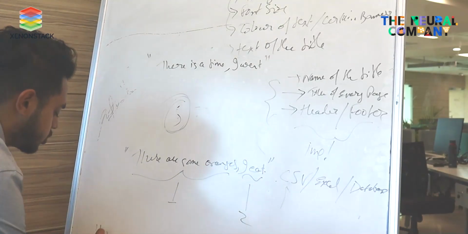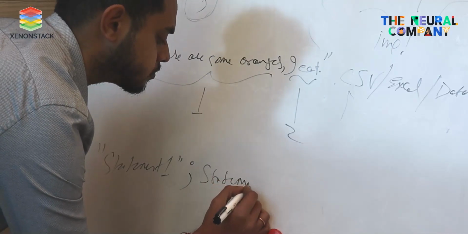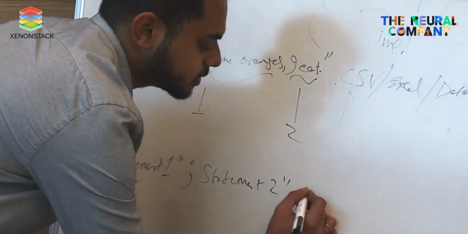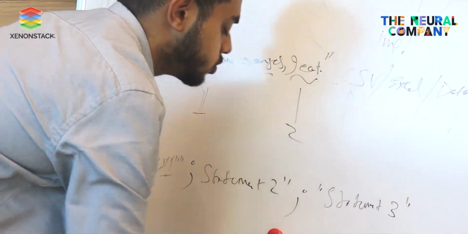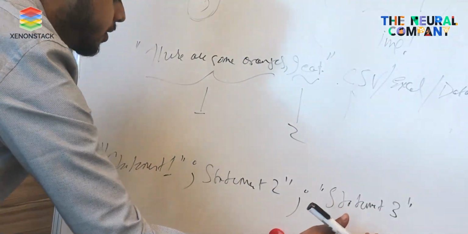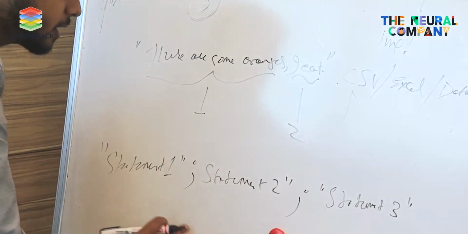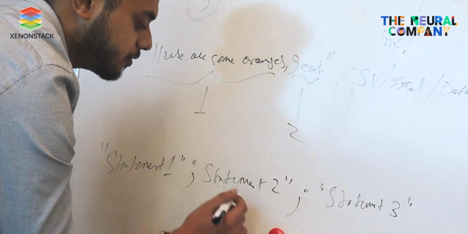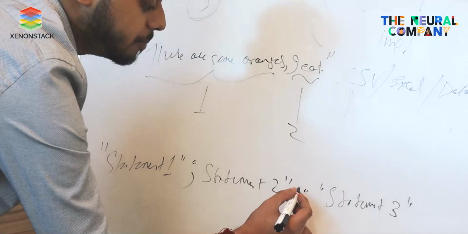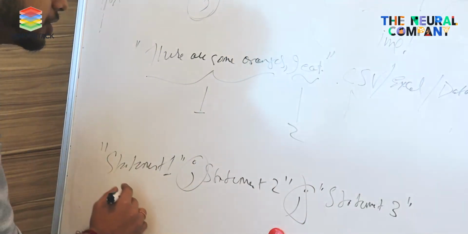If there is statement 1, statement 2, and another statement 3, then we have the 3 statements within the quotes, differentiating among them. And in statement 2 we can have commas, hyphens, whatever. The main delimiter I use is the semicolon, which differentiates between these 3 columns.